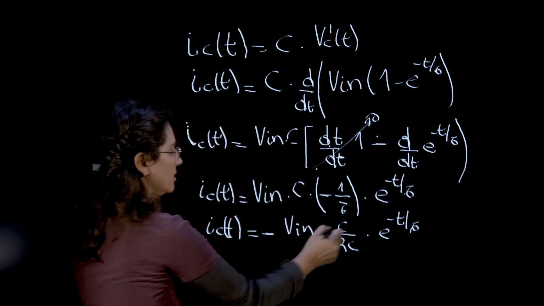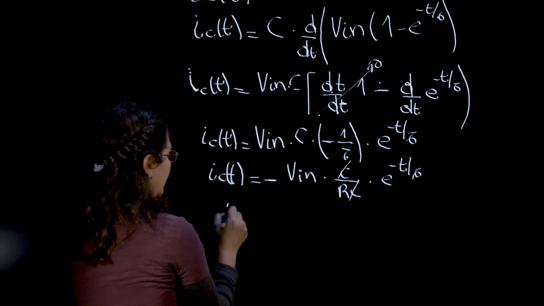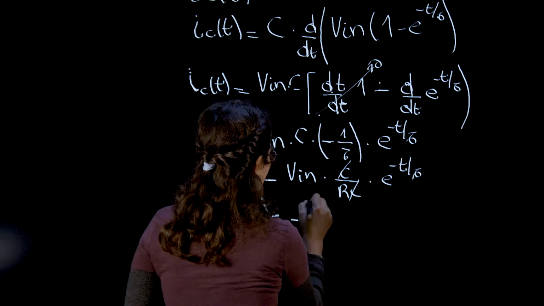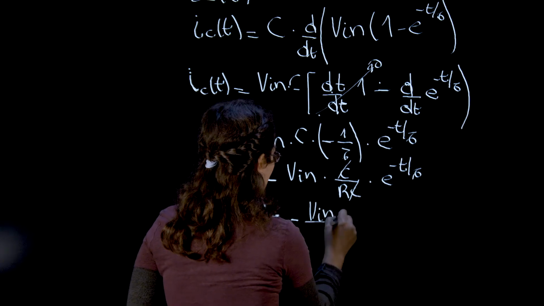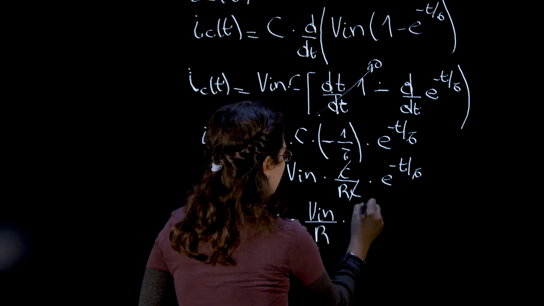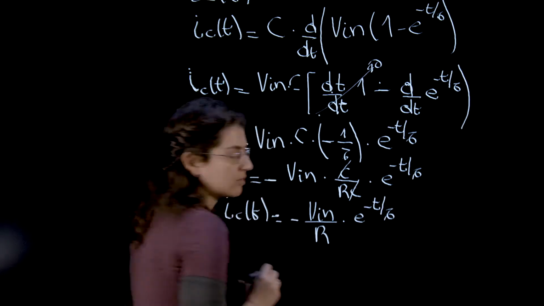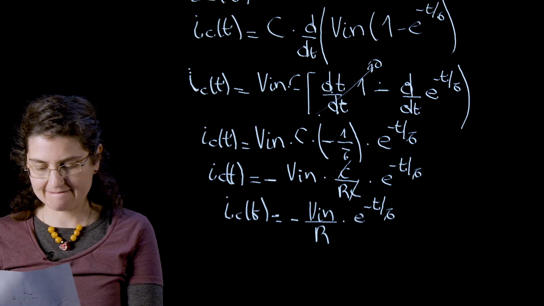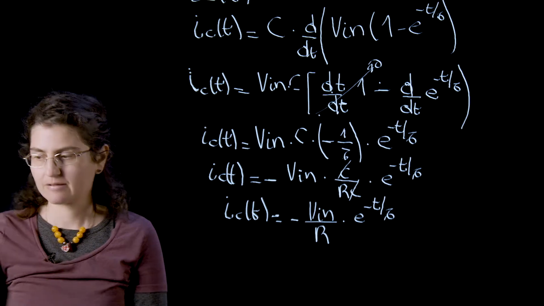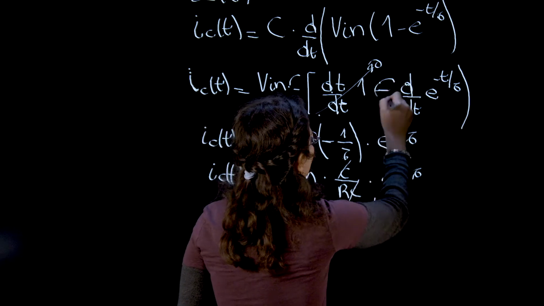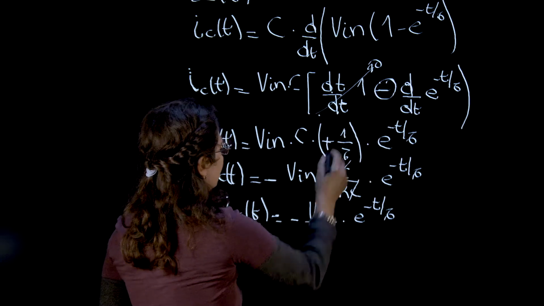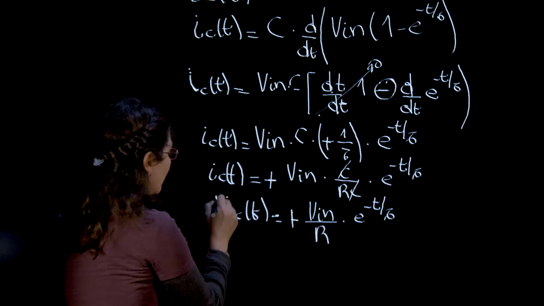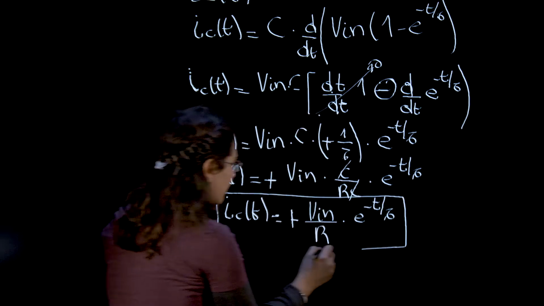Because tau is RC, this C goes out with this C, and then we have I_C of t equals minus V in over R times e to the minus t over tau. And there's a minus here that cancels this one out. And we get that here.